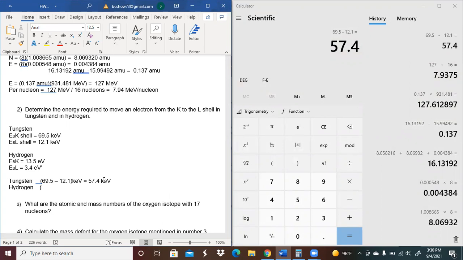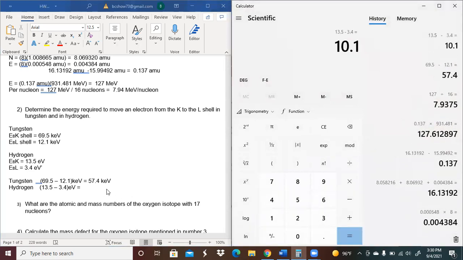So if we're looking for hydrogen, what does that end up being? 10.1 eV.